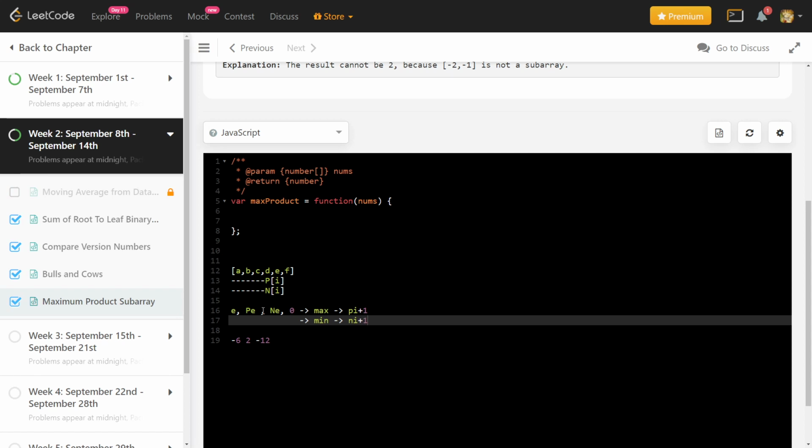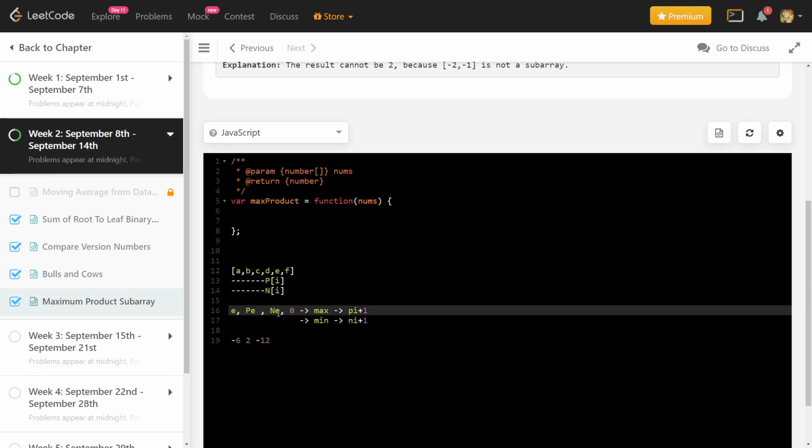Why? You can enumerate in your own time: if E was negative and P was positive, then PE will actually be the min, right? And if they both were positive, then PE will be the max, and if both were negative, then NE will be the max, and if E was positive, then NE will be the min, something like that, right? So if you iterate over all the cases, you will figure out that this is the solution.